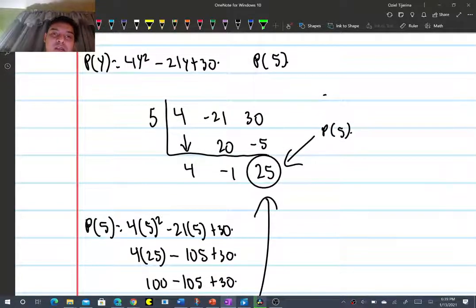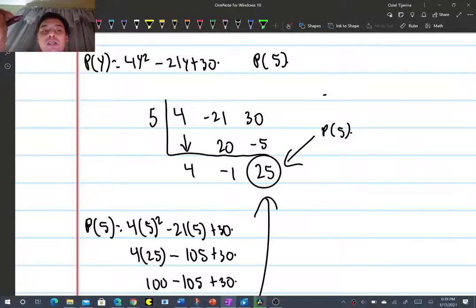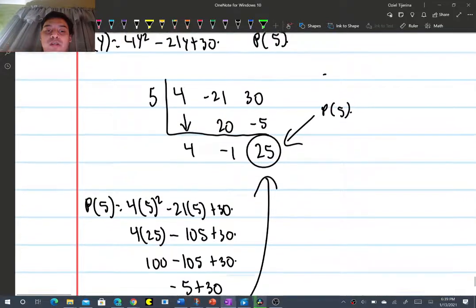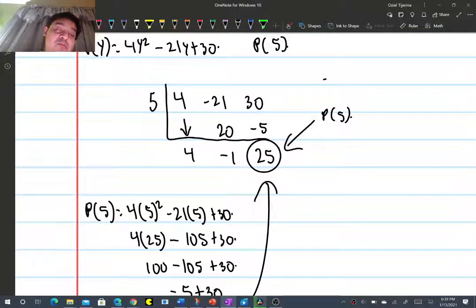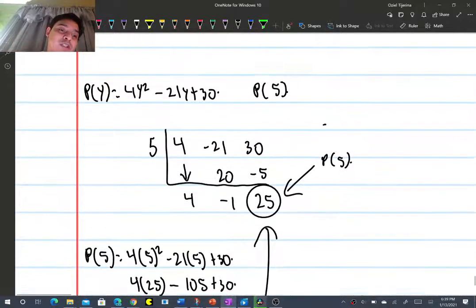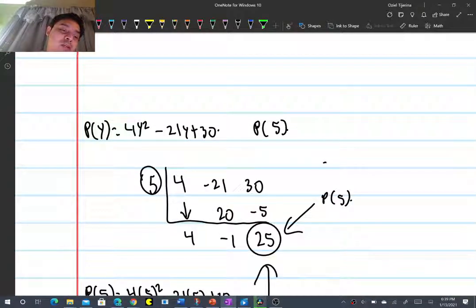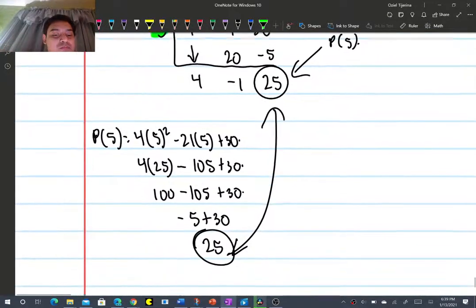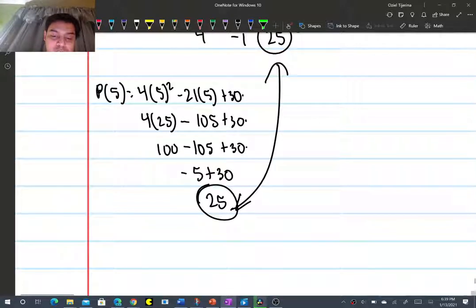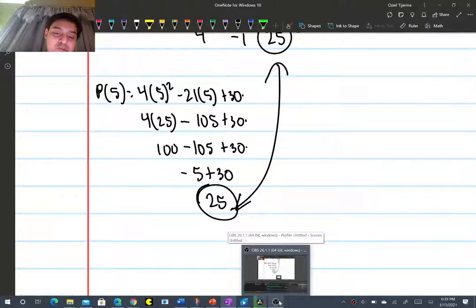So that's another thing that you have to kind of know: when you have a number here, it means that if you evaluate this number for x or y or whatever it is, the number that you are left with at the very end is what the function would equal if you were to plug that number, the number on the left here, in for y, or for any variable that's in your algebraic equation.